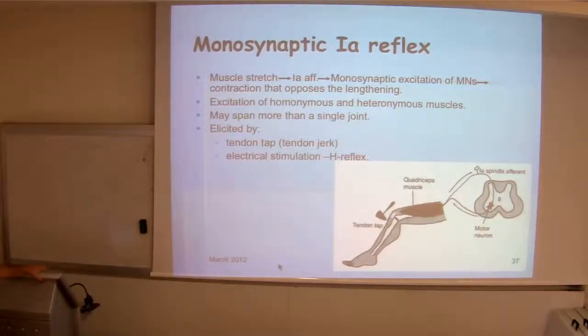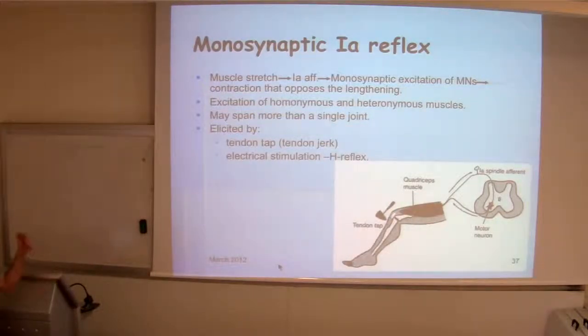And this is a monosynaptic loop. Okay, there's one synapse here, and this is why I told you that this intracellular recording doesn't make a lot of sense, because this is a case where you don't stretch so many IA neurons, right? You stretch the muscle a little bit. It's actually a very small thing, right? And you get activation of the motor neuron that contracts the muscle.